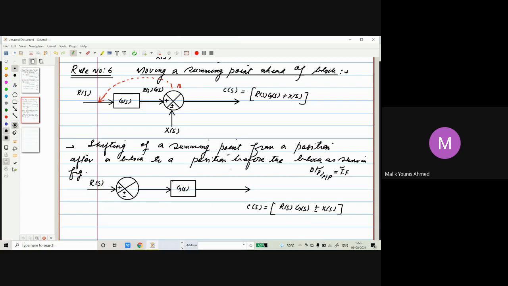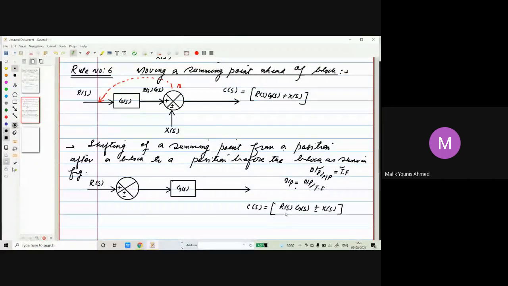Input we can write as output divided by transfer function G of S. So here the input will be output divided by transfer function. That is, output by input is transfer function, so input is output divided by transfer function in this case.